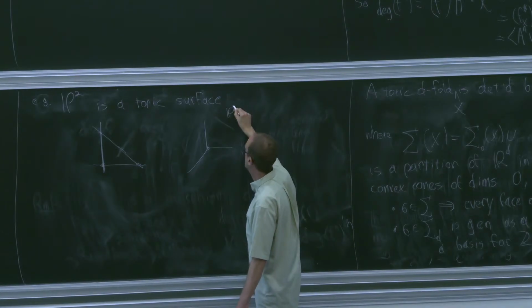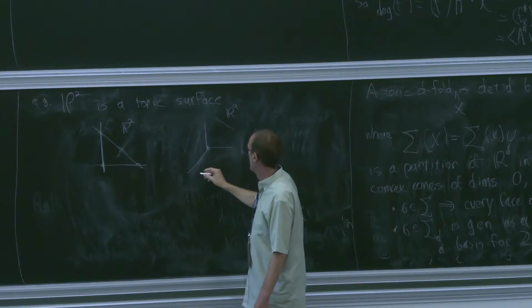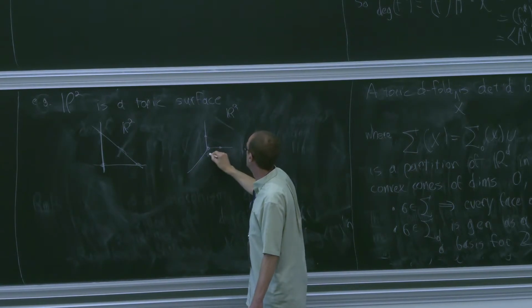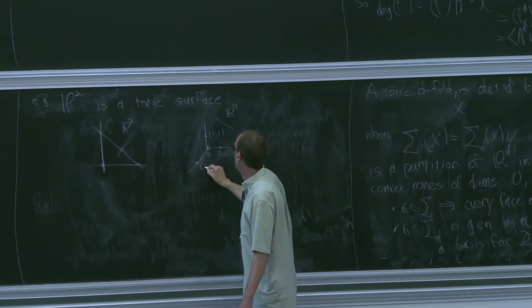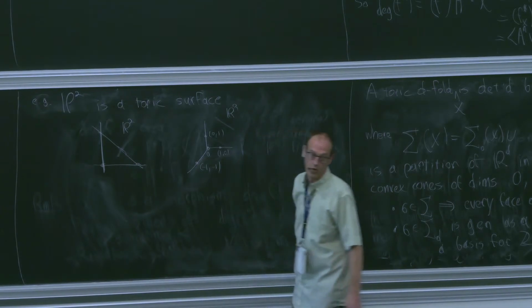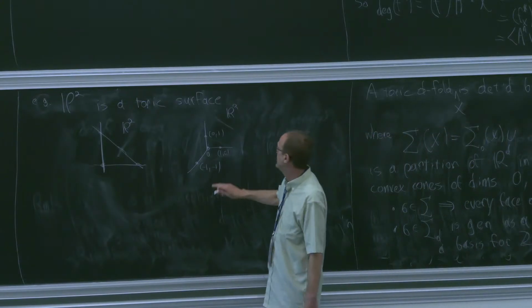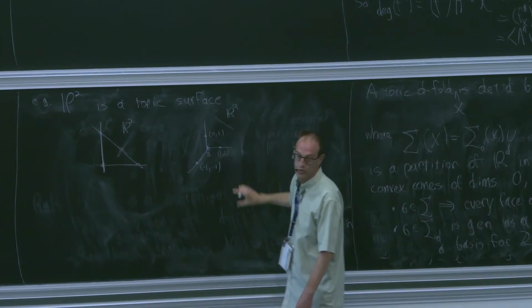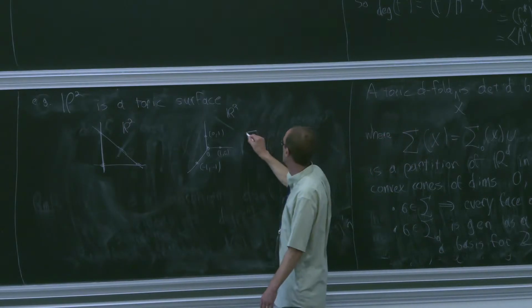So this is R2, this is P2, and these lines, this is the origin, this is the vector (1,0), (0,1), and (-1,-1). Okay, so that is the fan for P2: the origin, these 3 open rays, these 3 open two-dimensional cones here. Okay?